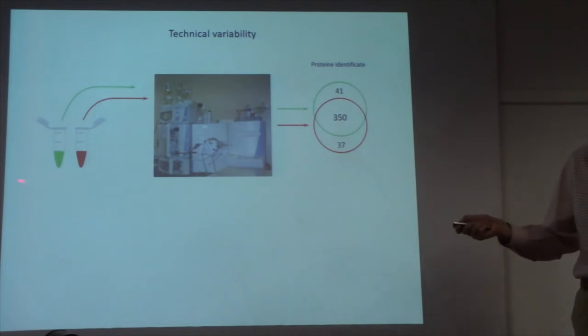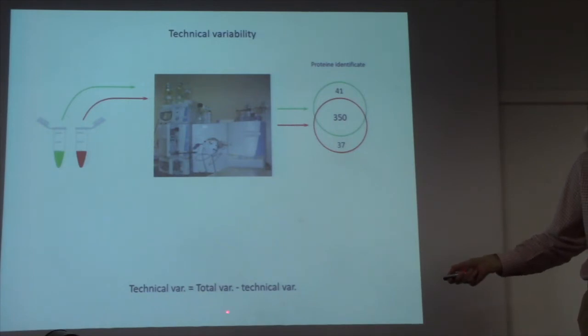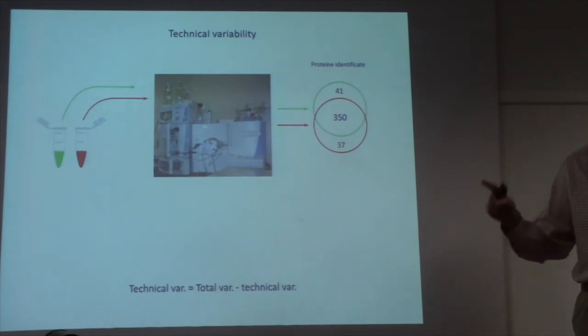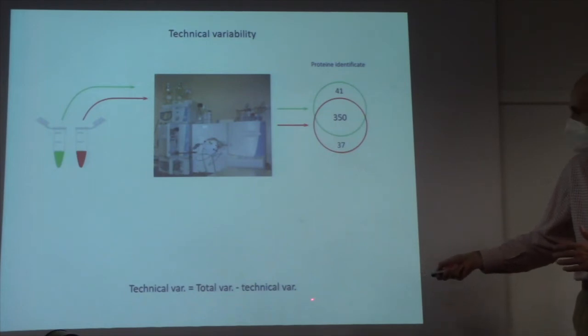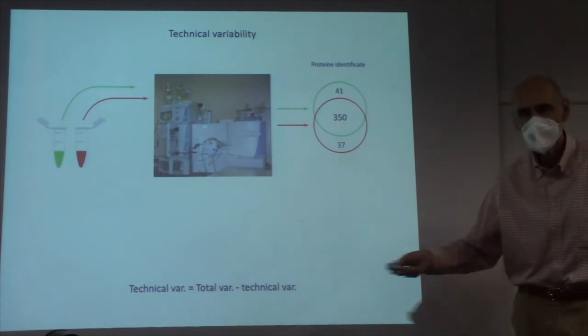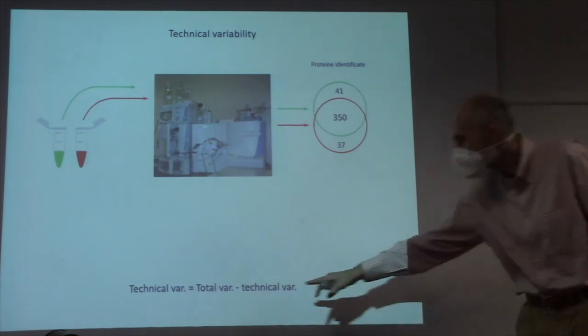So instead of measuring two samples, remember this very simple equation. Biological variation is equal to total variation minus technical variation. It's a mistake, remember this is biological.